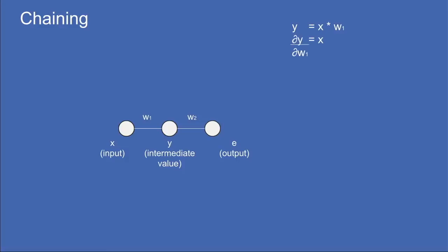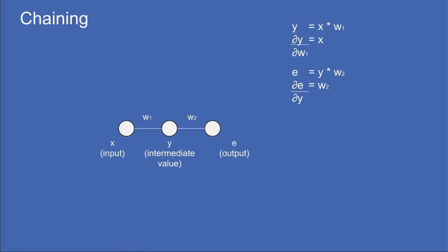So the derivative of y with respect to the weight is x. What that means is if I change W1 and I move it by 1, then the value of y will change by the value x, whatever x is. We have the slope of this piece of the function.